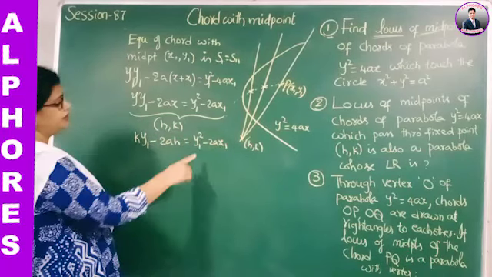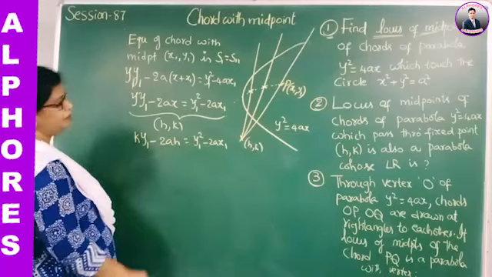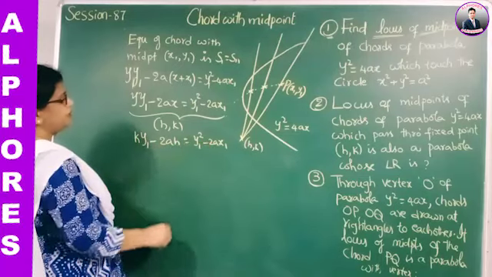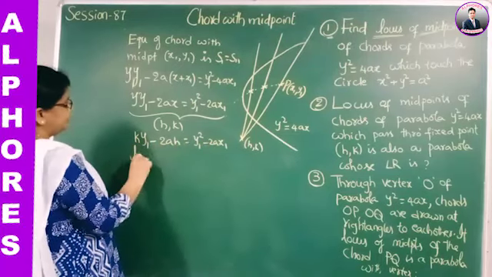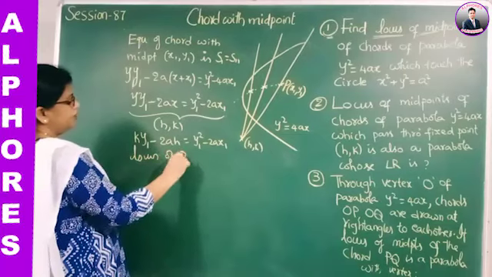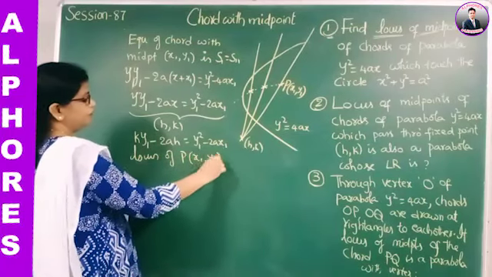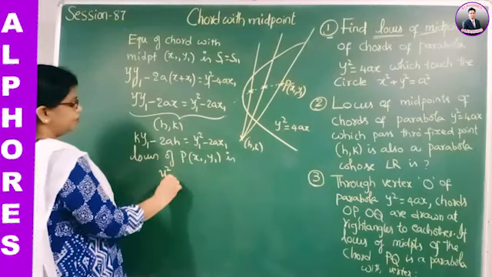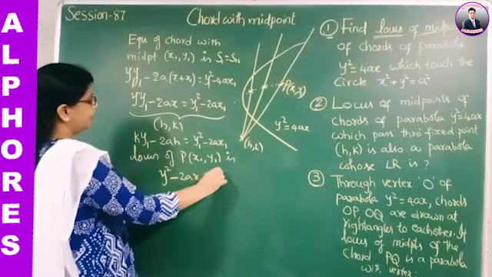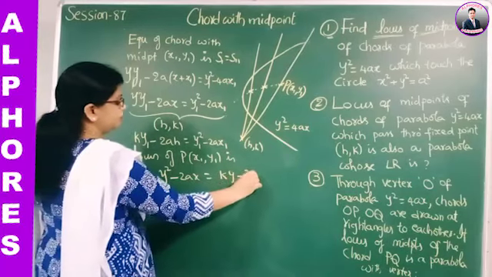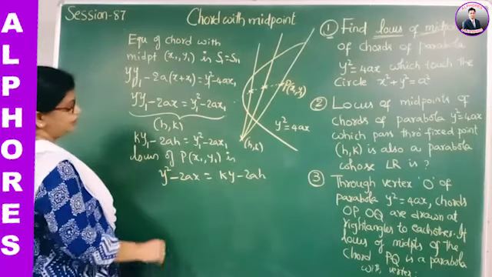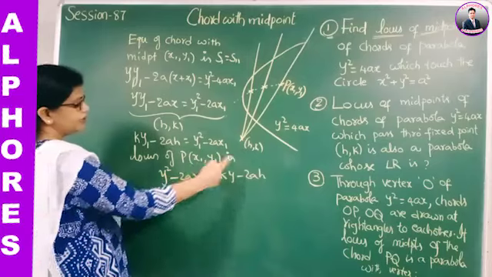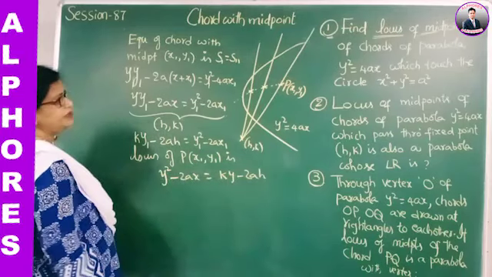So now this is nothing but a parabola. How is this parabola? Let us write: therefore the locus of P(x1, y1), removing the suffix, is y² minus 2ax = ky minus 2ah. Now let us send 2ax to that side and these two values to this side.